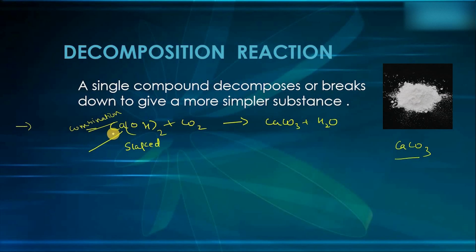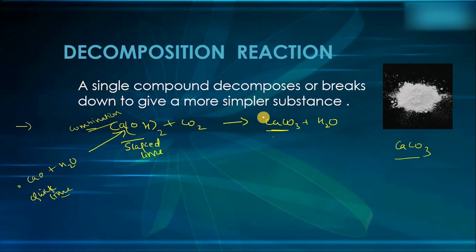And this slaked lime was formed by the reaction of quicklime with water. This is a very important reaction, that is formation of slaked lime from quicklime and then formation of calcium carbonate. So this was combination reaction.